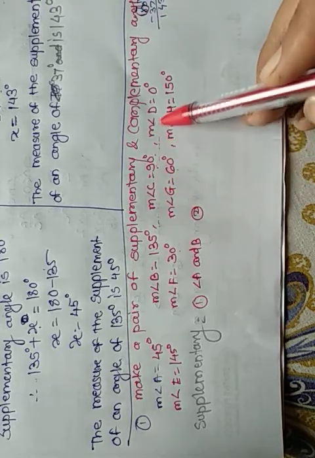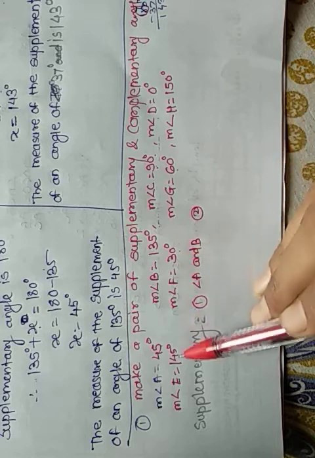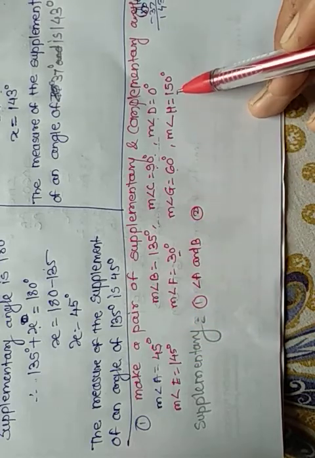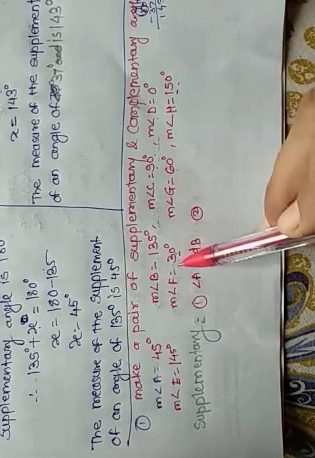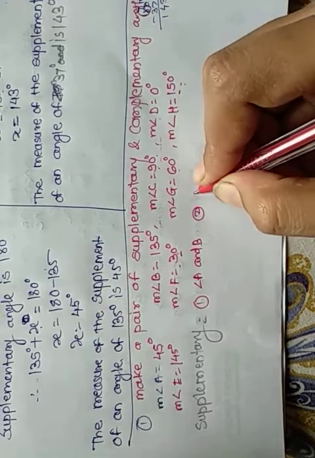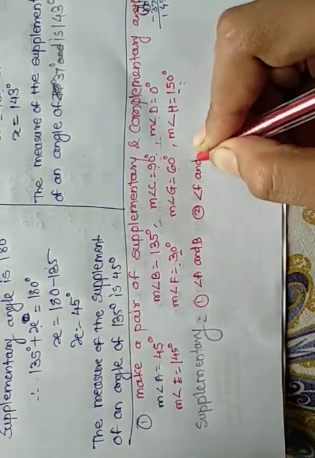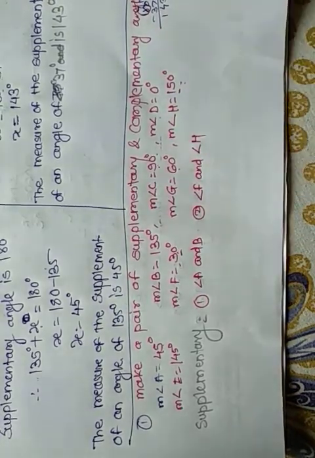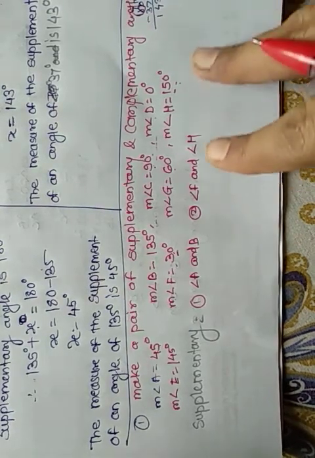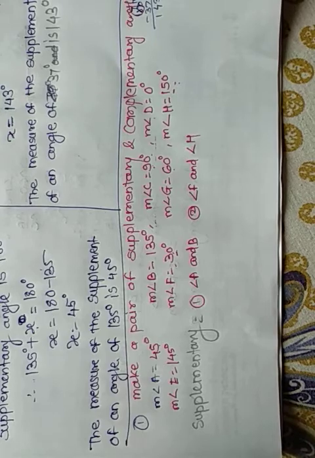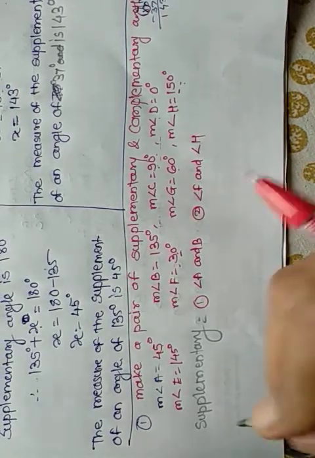Whose sum is 180? See, 30 and 150. 30 plus 150 is 180. So angle F and angle H are the supplementary angle pair.